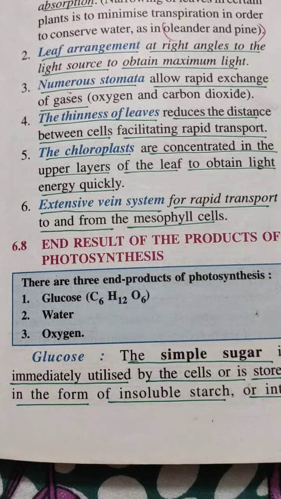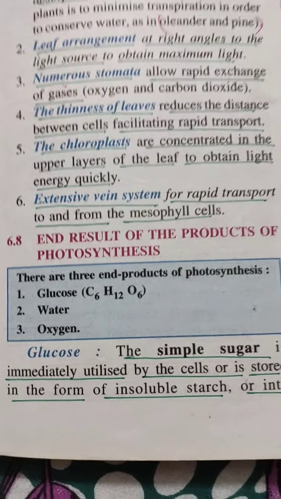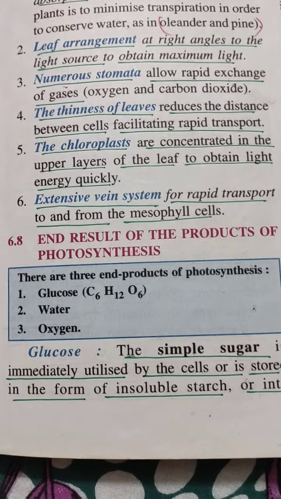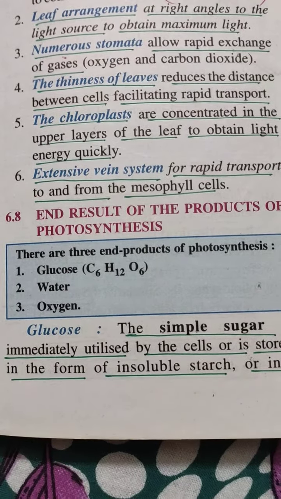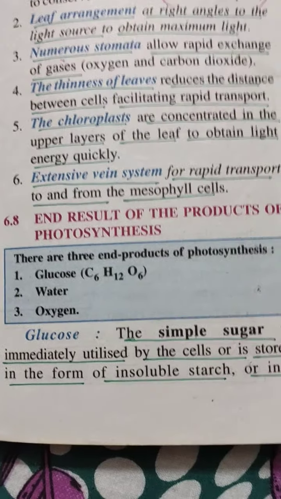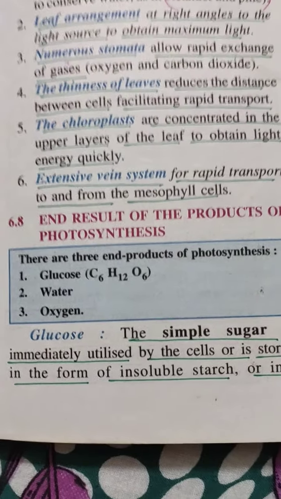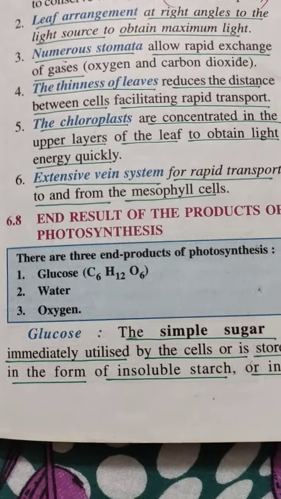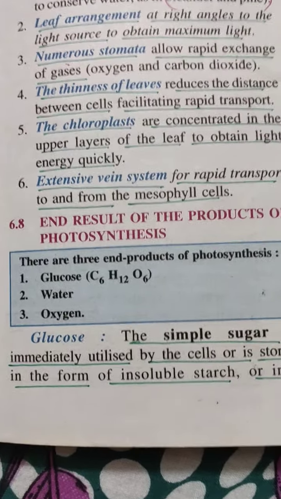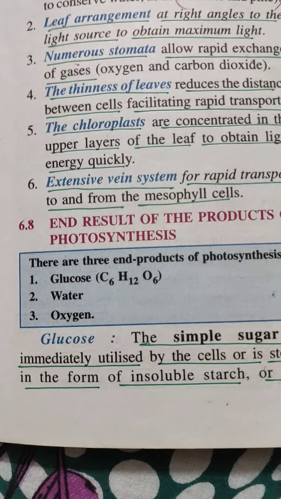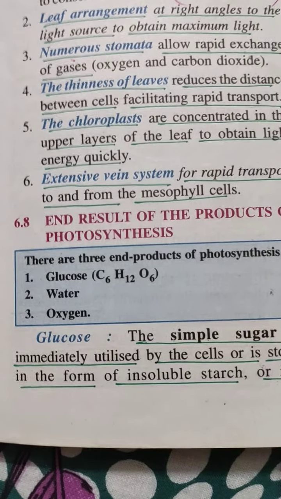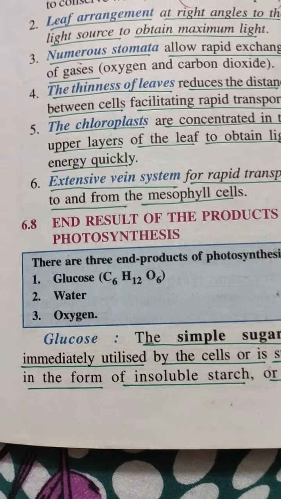Where do we get it? We get it from the photosynthesis process. So please make it clear that oxygen is used for respiration in plants and the other part is used for respiration in living organisms or rather animals. Okay.